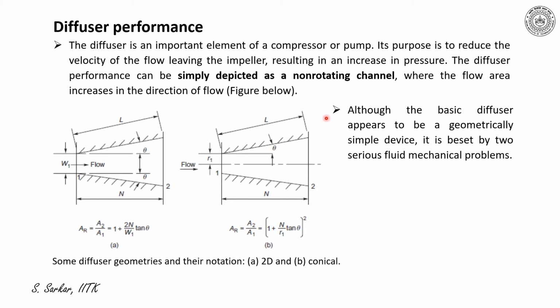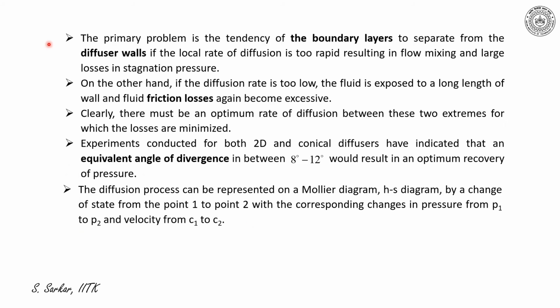Although the basic diffuser appears to be a simple geometric device, it is affected by two serious fluid mechanical problems. The primary problem is the tendency of the boundary layer to separate from the diffuser wall if the local rate of diffusion is too rapid, resulting in flow mixing and large losses in stagnation pressure.